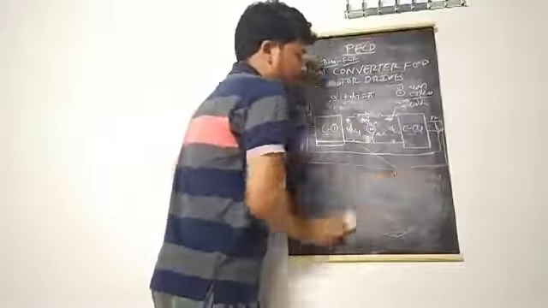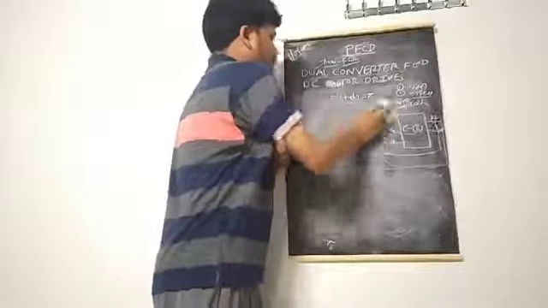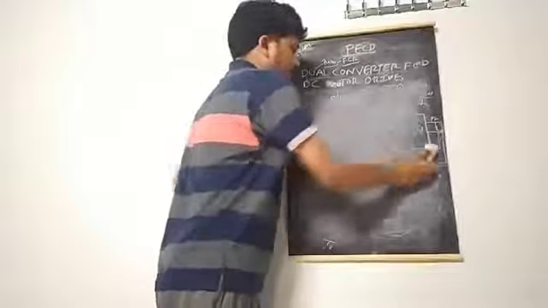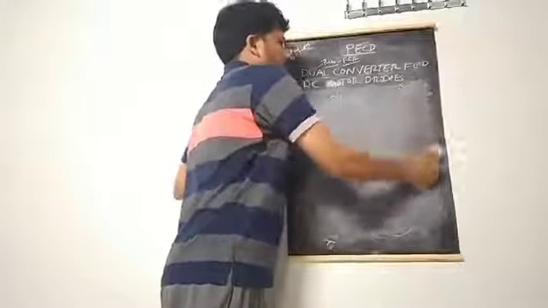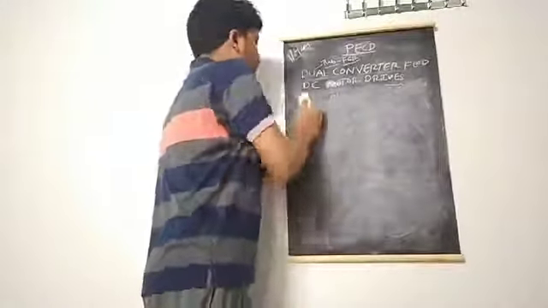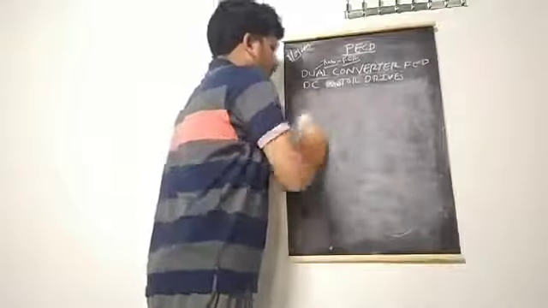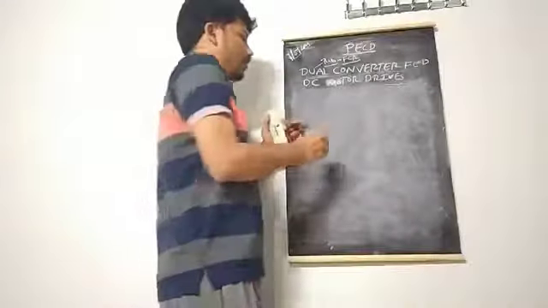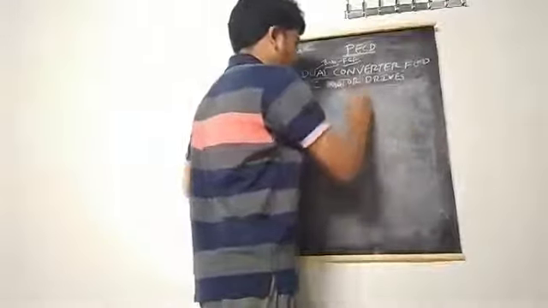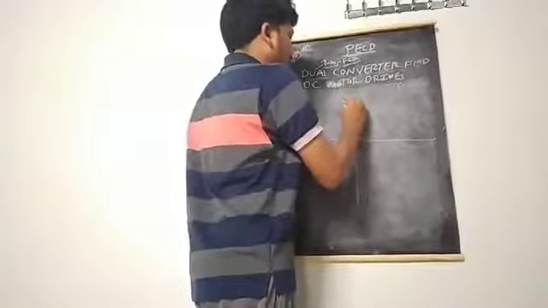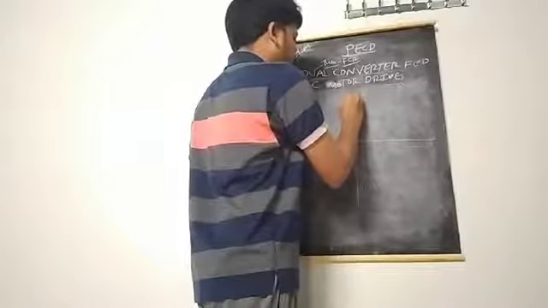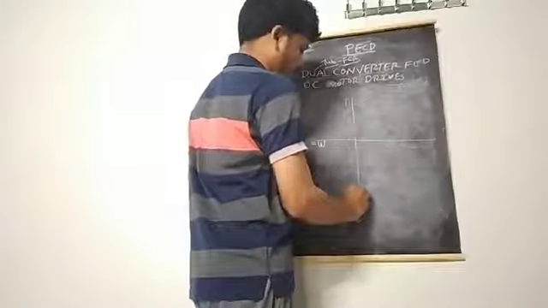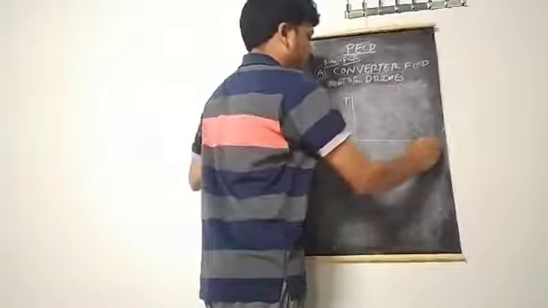So let us see the four quadrant operation. It is operating in four quadrants, that is omega, this is torque T, this is omega minus, T plus, omega.